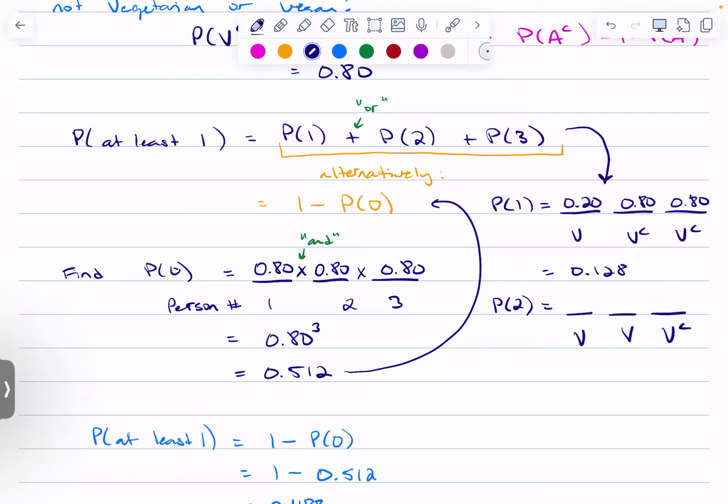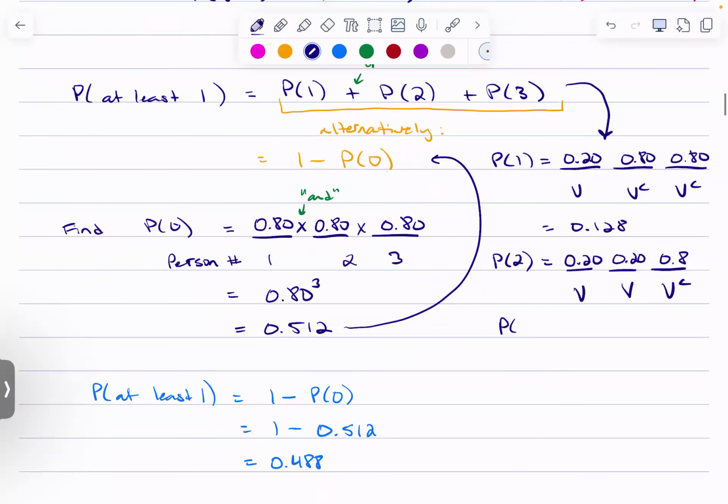So I'm just going to do them first, tackle what I need, and then 0.2, 0.2, and 0.8. Probability of 2 in my sample of 3 is 0.032.